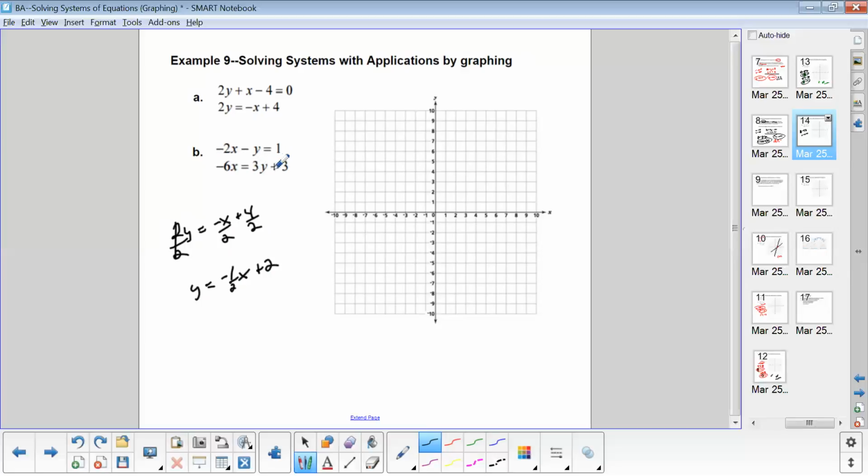And then, since y is on the right side, I'm just going to subtract the 3. So I'm going to get negative 6 minus 3 equals 3y. Divide by 3. And I'm going to get negative 2x minus 3/2 equals y. Oops.